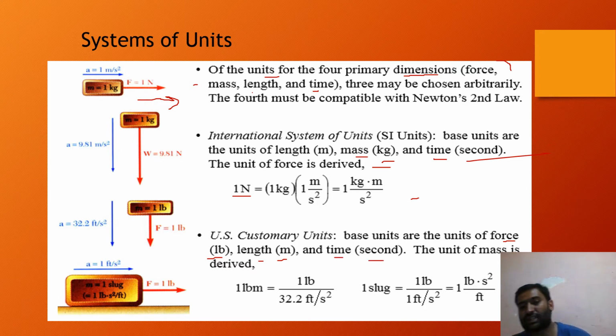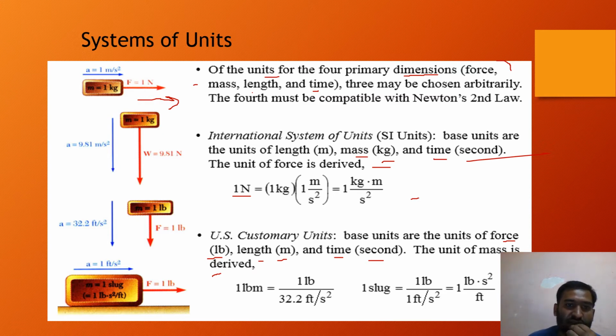The unit of mass is derived. 1 pound mass is equal to 1 pound over 32.2 feet per second squared. That is the US unit.